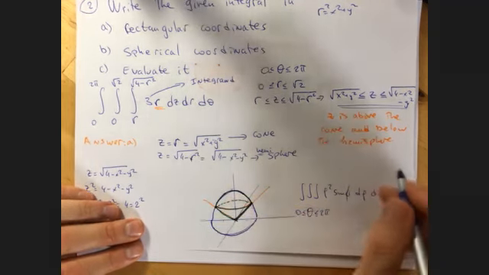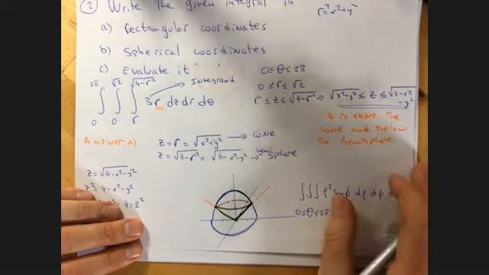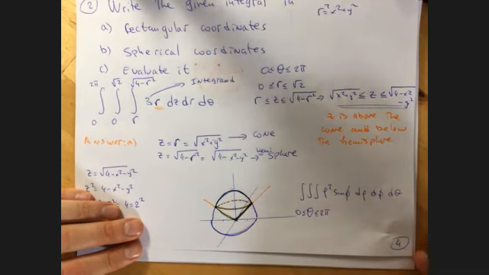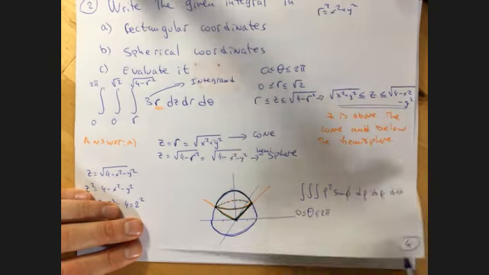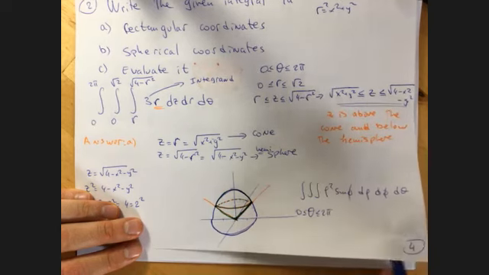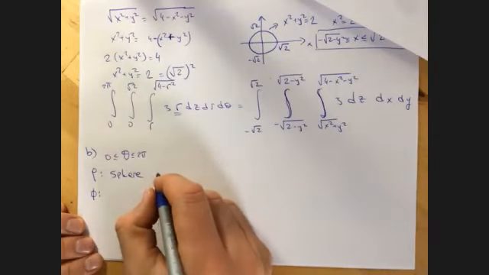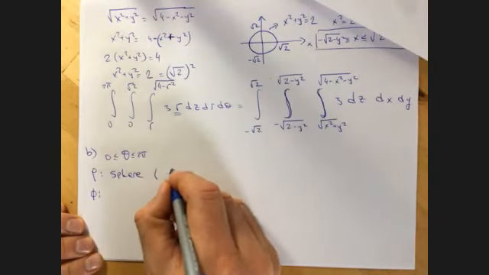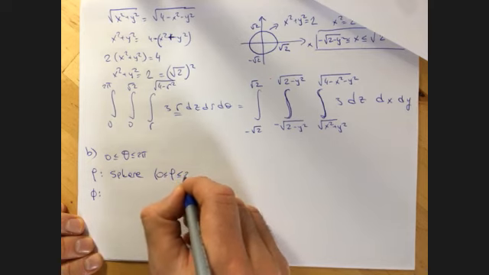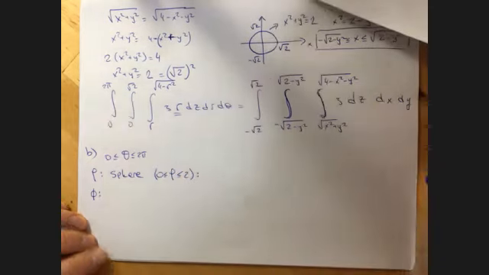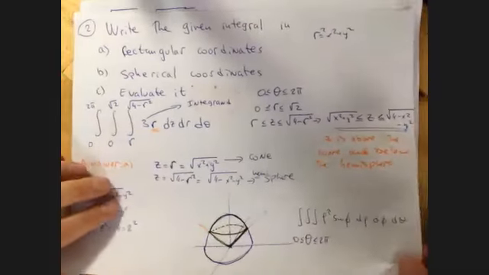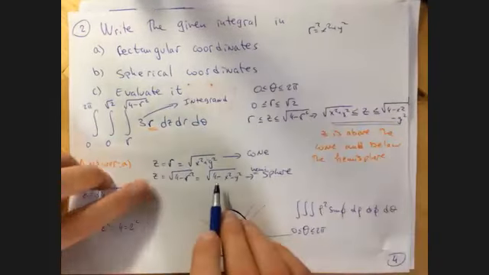So I don't even have to evaluate anything. I will do it just for you, but I don't have to bother with it because if your sketch is correct, then you're done. So I already know that rho is going to be between 0 and 2, and I will obtain that, if not from the sketch, then from just the equation of the sphere right here.